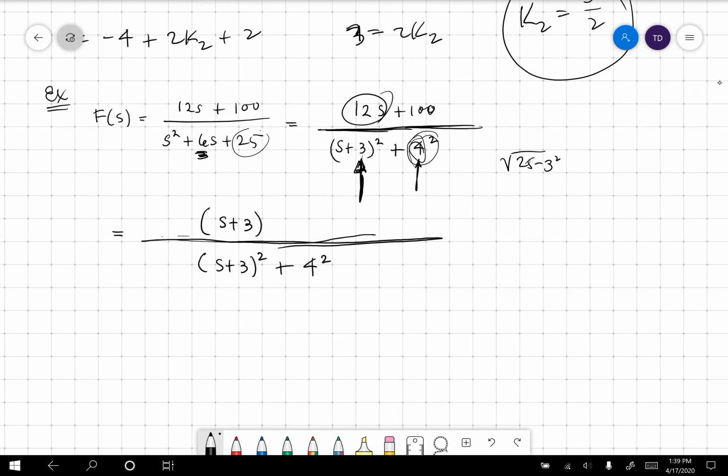And now we recognize perfect. Let me now break it up into the two fractions that I know. 12 times s plus 3 over s plus 3 squared plus 4 squared, plus 16 times 4 over s plus 3 squared plus 4 squared.